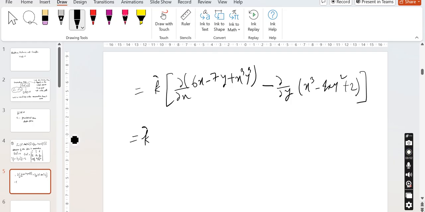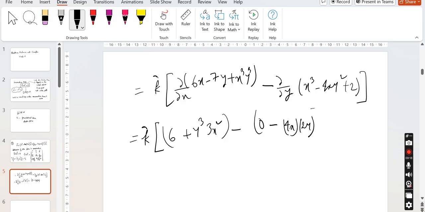Okay, so this will be 6, this is 0, plus y cube 3x square, minus 0, minus 4x into 2y. So this is basically 6 plus 3x square y cube minus 8xy.